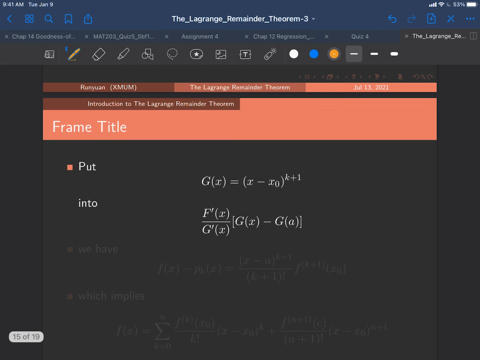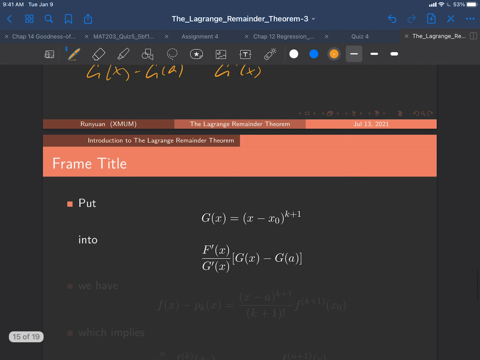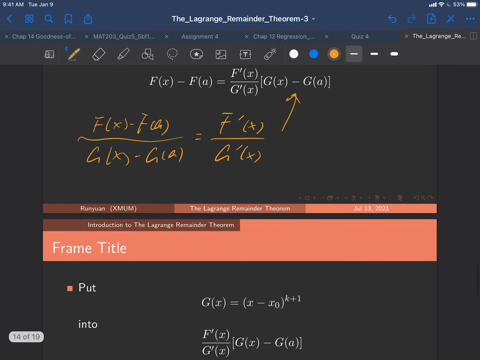We put g(x) as (x minus x0) to the power k plus 1 into the previous formula.